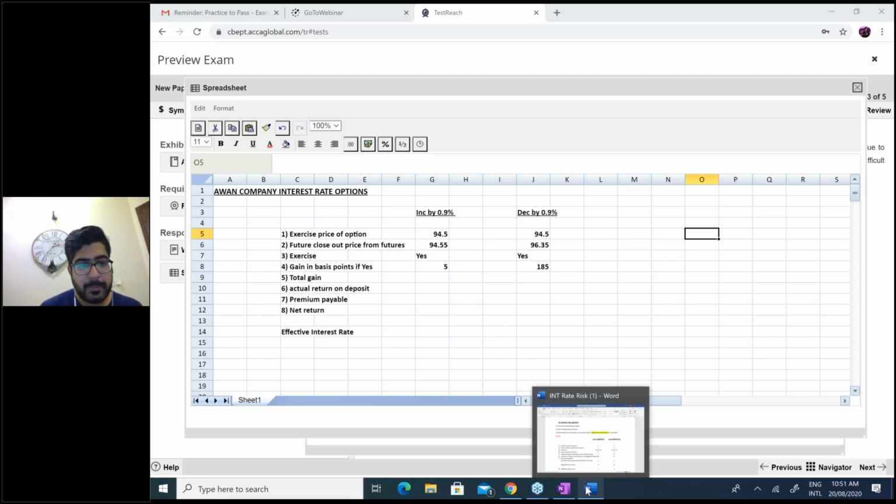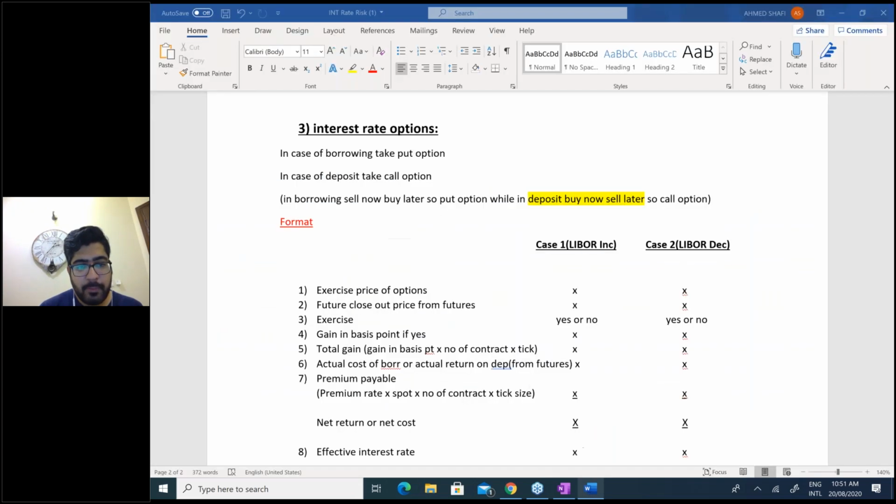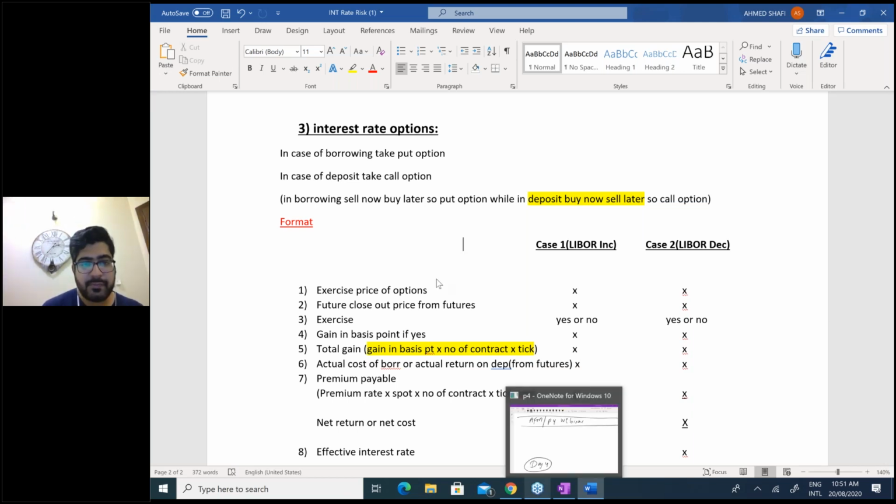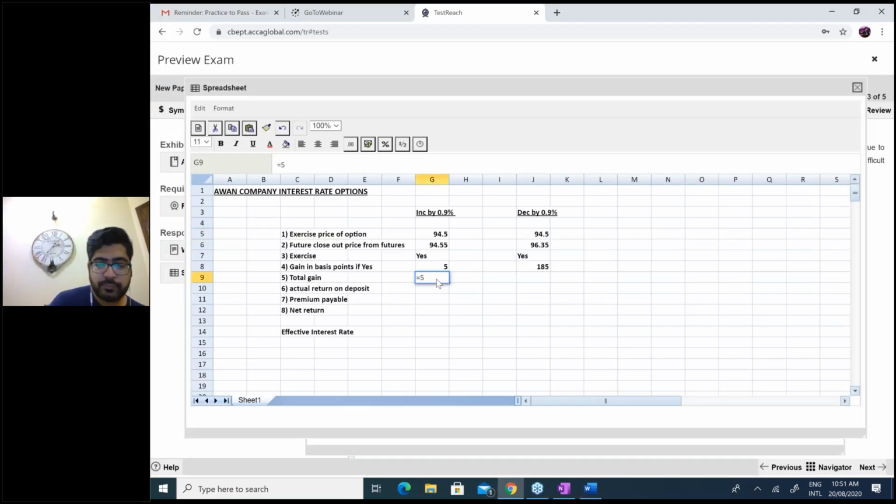What is the formula of total gain? Gain in basis points times number of contracts times tick. What is the gain in basis points? 5, times the number of contracts from the last session, 32, times tick, which was 50.